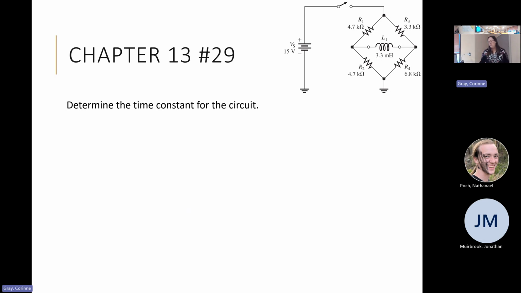Our end goal, right, we're doing the time constant, so that's going to be tau is equal to L divided by R, or in this case, it's going to be RT. So there's a couple different ways you can do this.